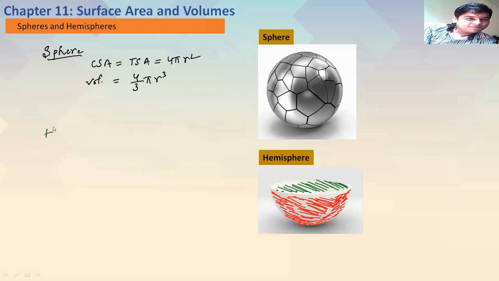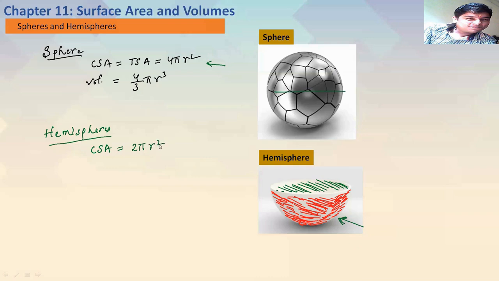So for a hemisphere, you will have three formulas. What are those? First, CSA. What did you say about CSA? Sir, CSA is 2 pi r square? Yes, it is exactly half of this, because this red surface is exactly half of this. So 2 pi r square, that's fine.